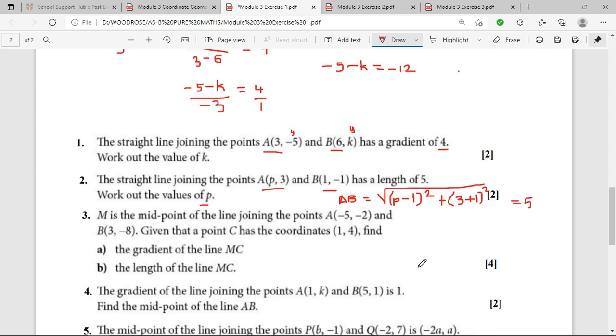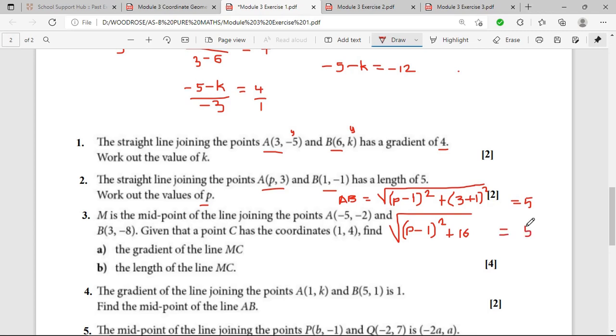So now we have the square root of p minus 1 squared, plus, then 3 plus 1 is 4, and if we square it, we have 16, equal to 5. Now we want to find the value of p.